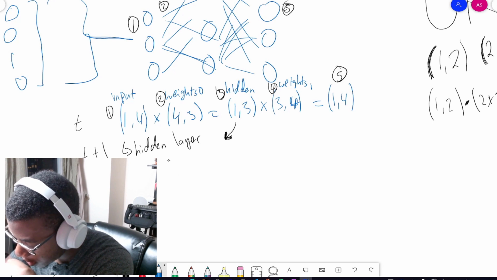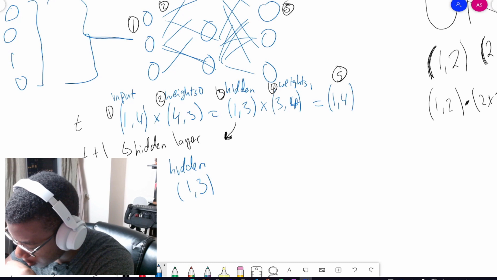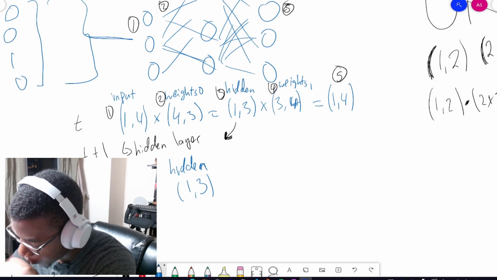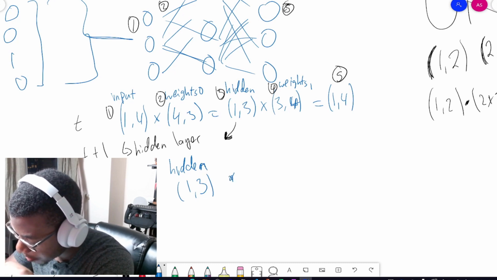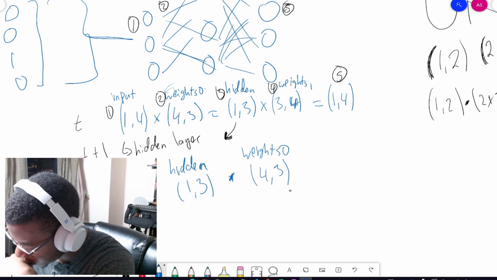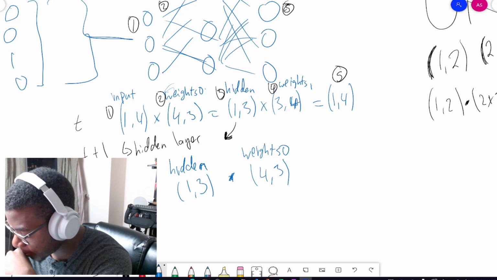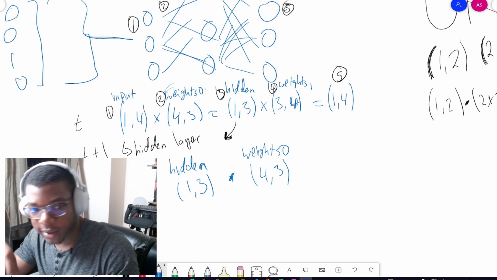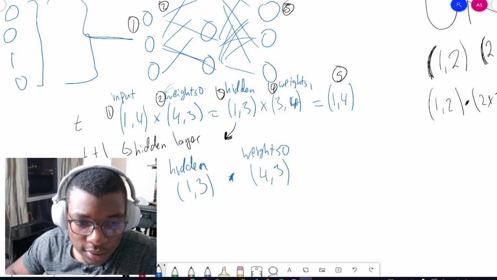So we have hidden, 1 by 3. We then want to somehow multiply it by the same weights again. So weight 0, this guy here. The problem is weight 0 is a 4 by 3 matrix. So how do I do this?